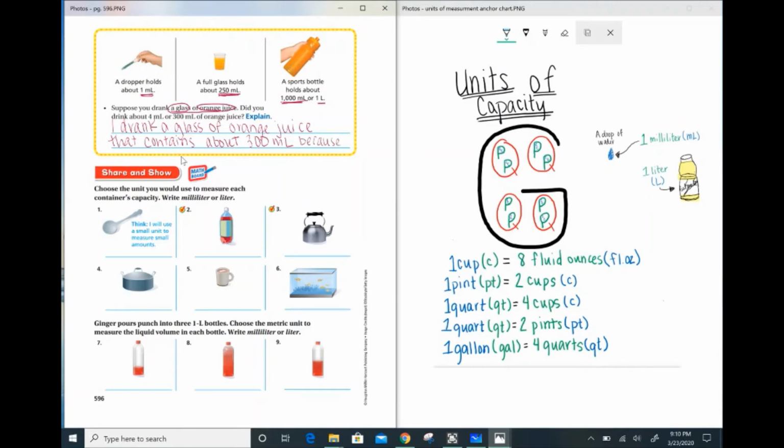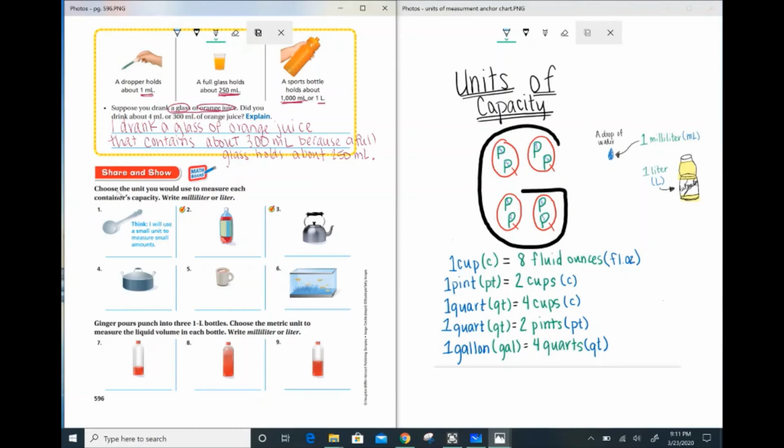Because a full glass holds about 250 milliliters. Now let's go ahead and go to the share and show.